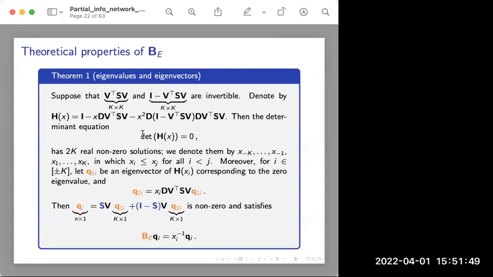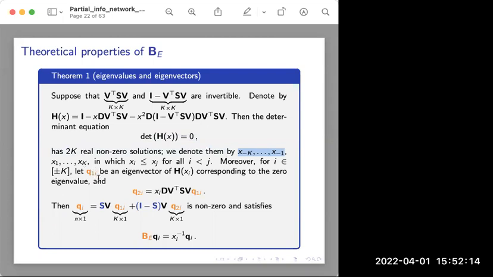If we make up this matrix and set the determinant equation to 0, we can show this determinant equation has exactly 2k real non-zero solutions. We index them from -k to -1, and then from 1 to k in increasing order. This is my construction of xi.